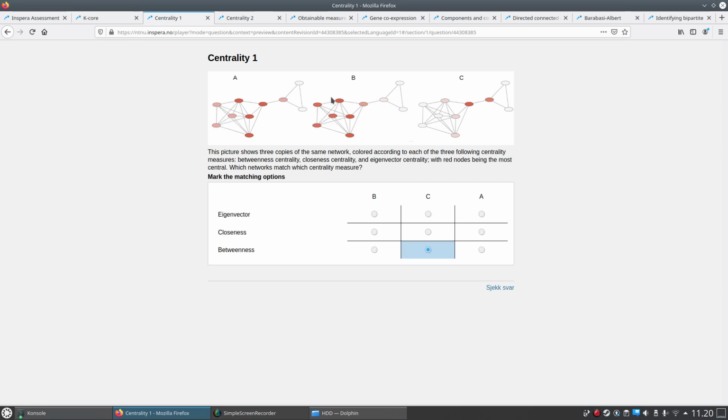And so we see here that in B, these are very central, and that means that B is eigenvector centrality, while closeness centrality is A, by both elimination and the fact that the ones that have short distances on average to everything else in the network, the ones that are visually very much in the center of the network in this layout, will have high closeness centrality. So closeness centrality corresponds to visualization A.